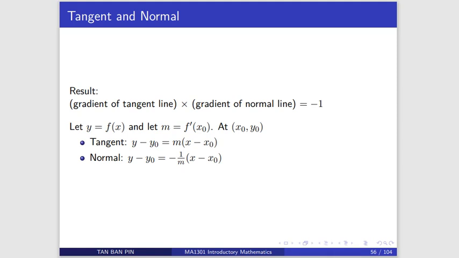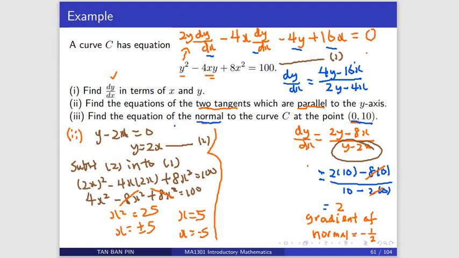So the normal line is like this. We just found dy dx is 2, right? So minus 1 over m is minus half. That's what we have. So the gradient of the normal is minus half.